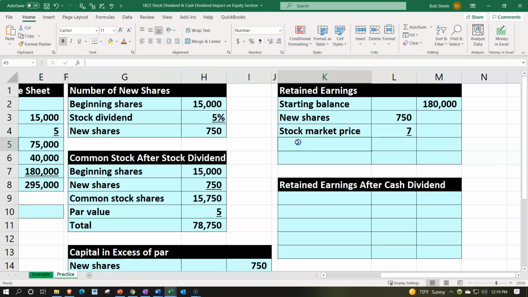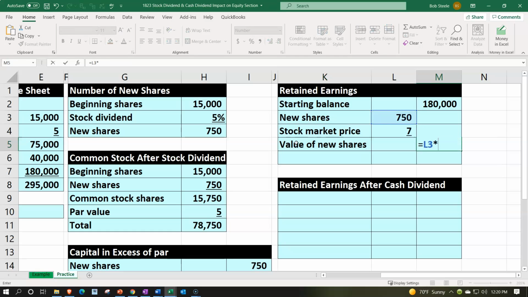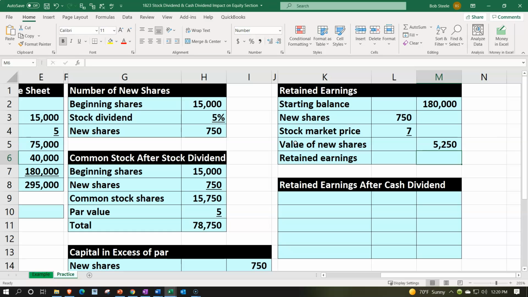That's going to give us the value of new shares, which is the 750 times the 7, or the 5,250, to give us the ending retained earnings, which is equal to the 180,000 minus the 5,250.